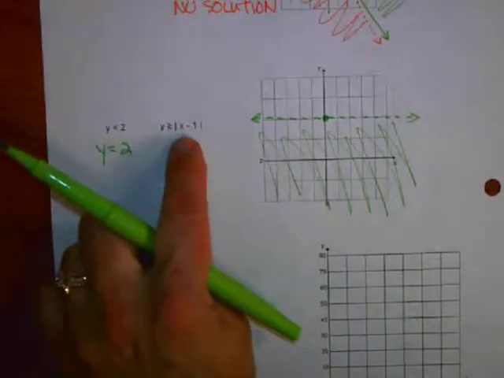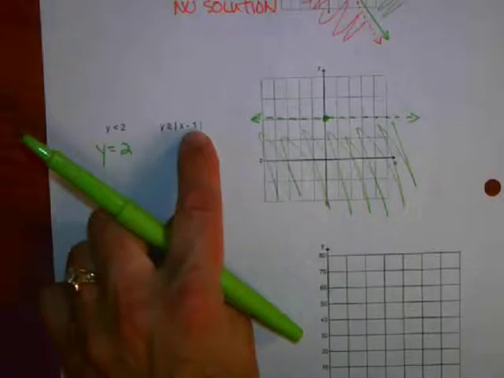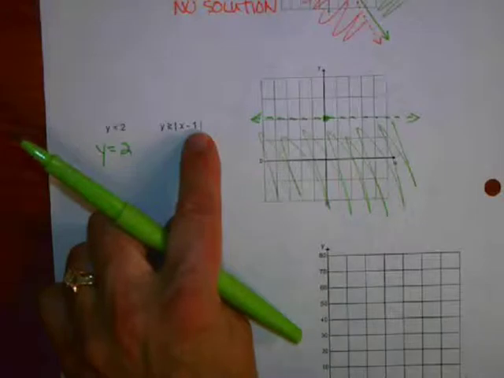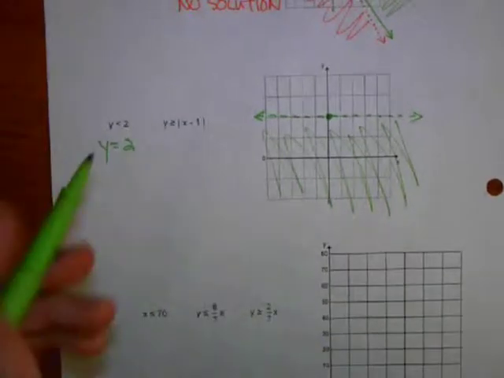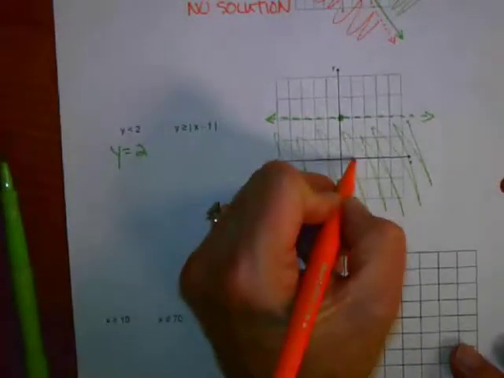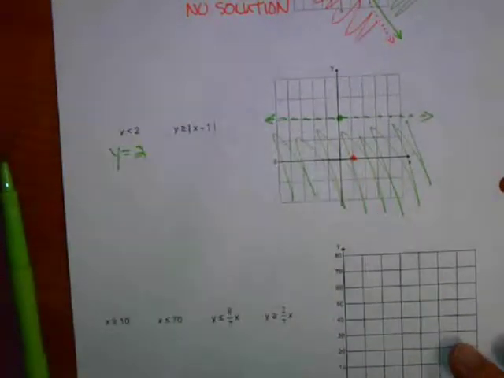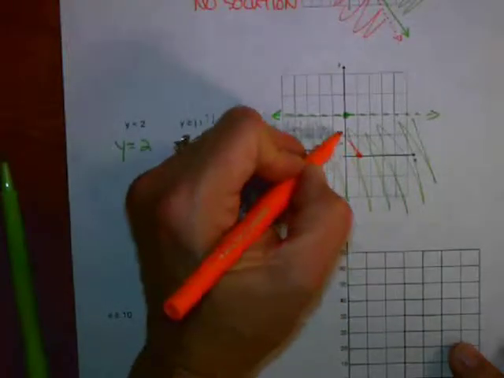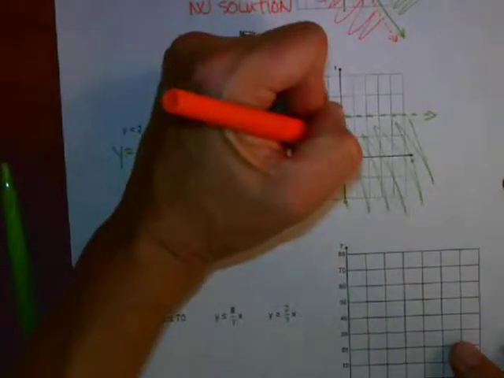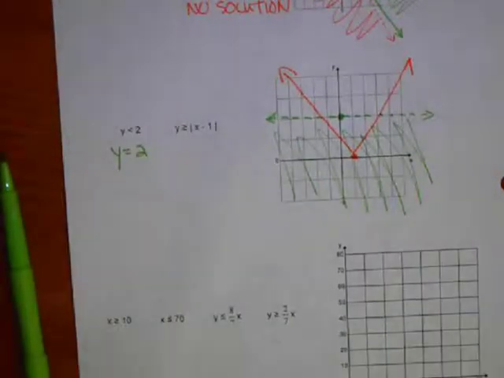What happened to the absolute value function here? It moved, 1 to the right, yes, okay? So it moved 1 to the right. So we have the same parent function, the vertex just moves to the right, and it is a solid line. You can use the same rule here. Where do you think we're going to shade here? It's above it.